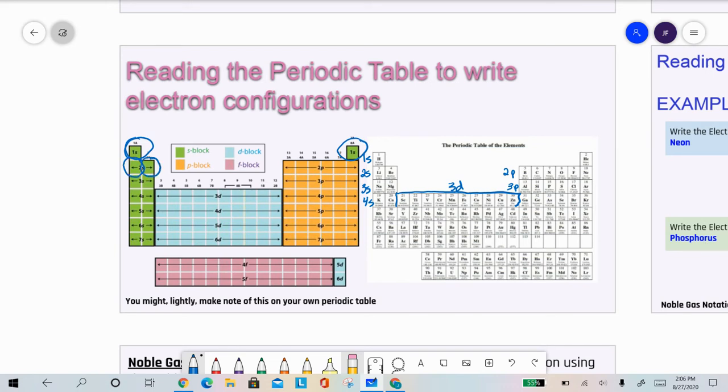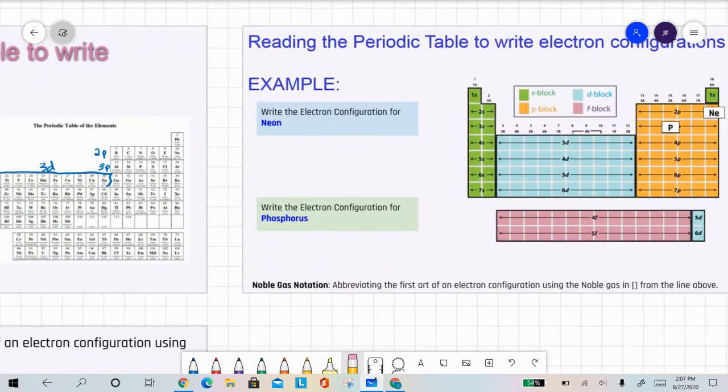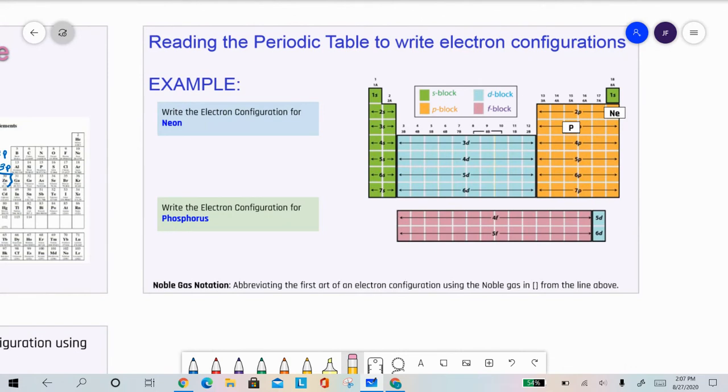So we're actually adding an electron every time we move a space on the periodic table. Because of that, we can just use our periodic table instead of having to fill in our orbital diagram every time. We're going to walk through a couple of examples, and then I'm going to show you there's an even shorter way than just reading the periodic table.